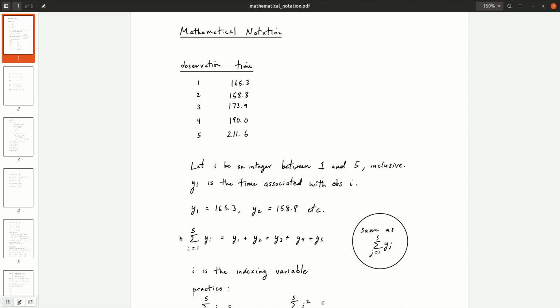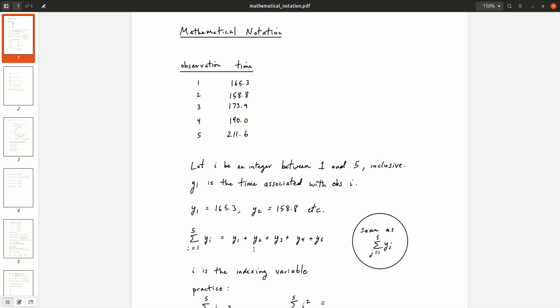It's assumed that you're going to add up the thing that's to the right of the sigma for all values of i from 1 to 5 inclusive, so 1, 2, 3, 4, and 5. So what this means is we're going to add up y_i for i equals 1 to 5, and that means exactly what's on the right side of the equal sign.